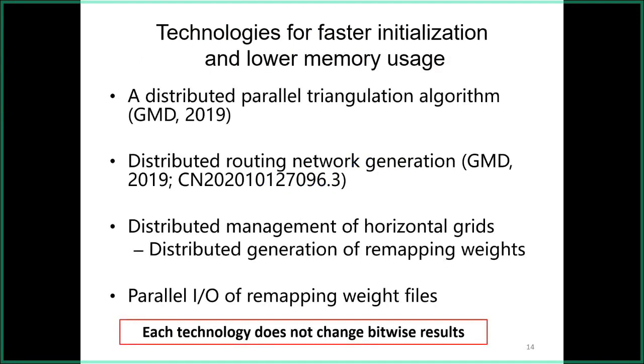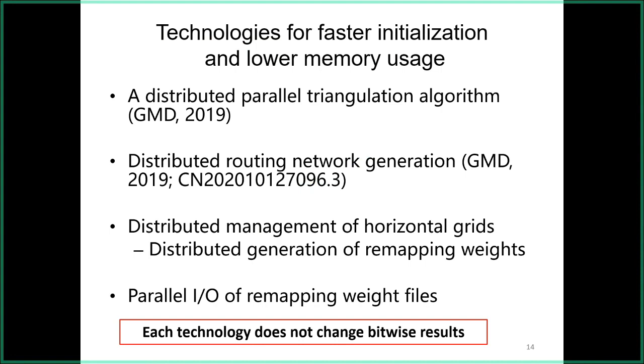So we developed a series of technologies for faster initialization and lower memory usage, including a distributed parallel triangulation algorithm. The triangulation is used in the C-Coupler series for generating the remapping weights. And we also developed a distributed routing network generation implementation in C-Coupler 3 to improve the initialization performance of data transfer based on M-by-N communication.